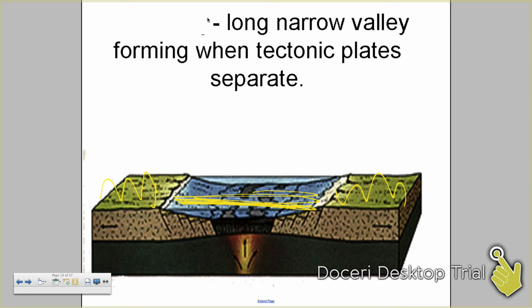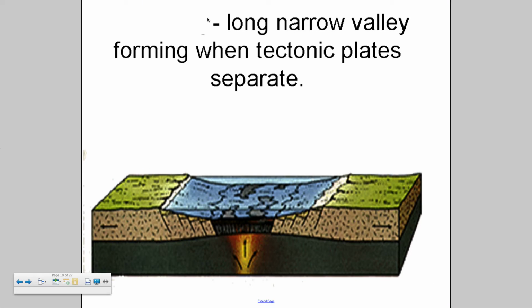Aaron, think you know? Not a trench. Devin? This would be your rift valley. I love the way some of you are flipping your paper over and looking at some of the words around there. That's very good. It's a valley, and valleys are low. This is at the bottom of the ocean floor, and that's low. You have another little valley down there.